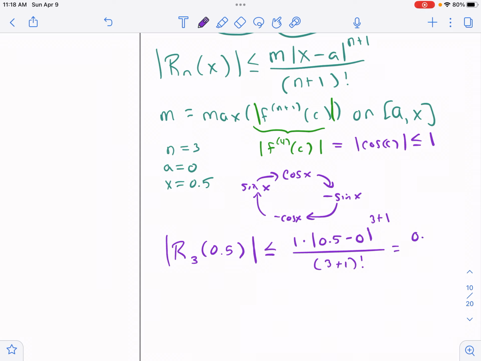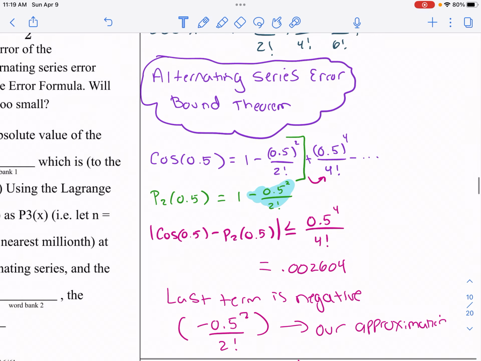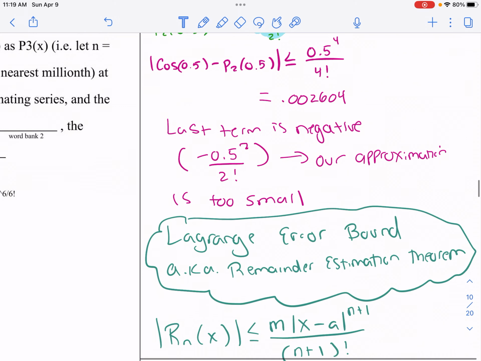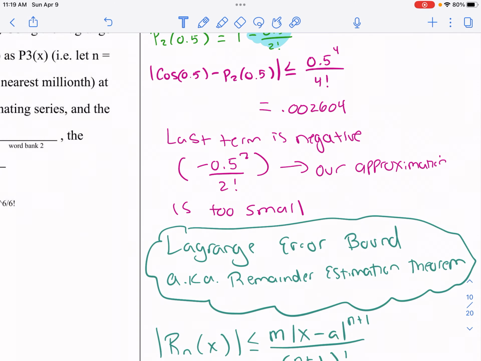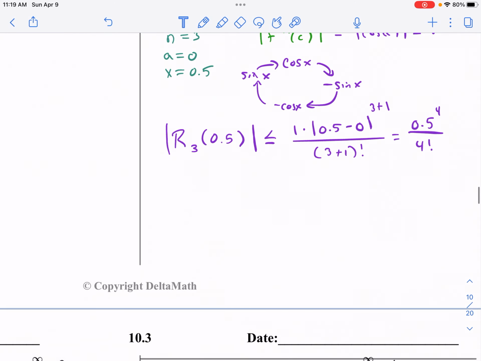And that's 0.5 to the 4th divided by 4 factorial. Actually, that happens to be exactly what we got up here. That doesn't always happen, but it did here. 0.002604.